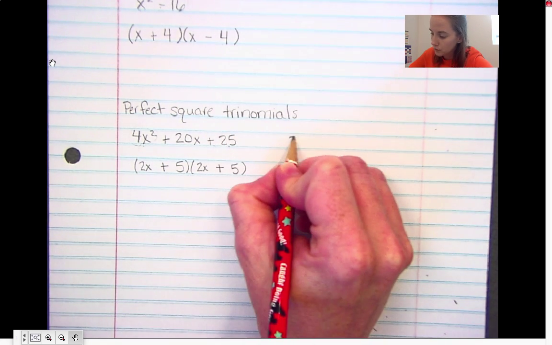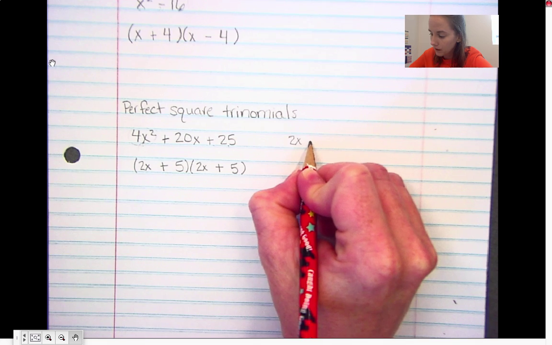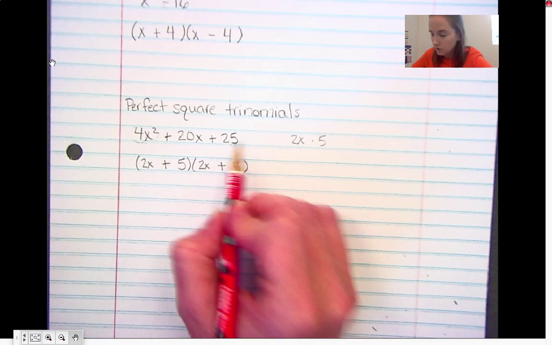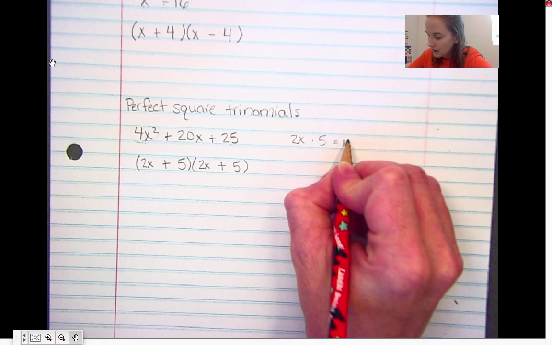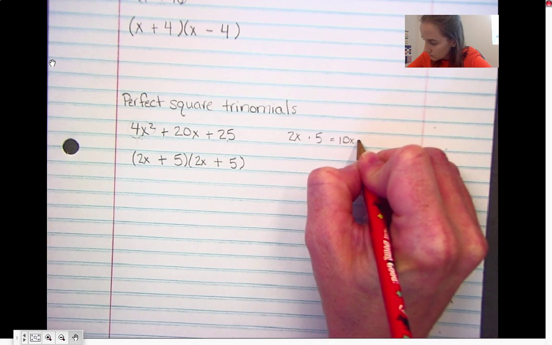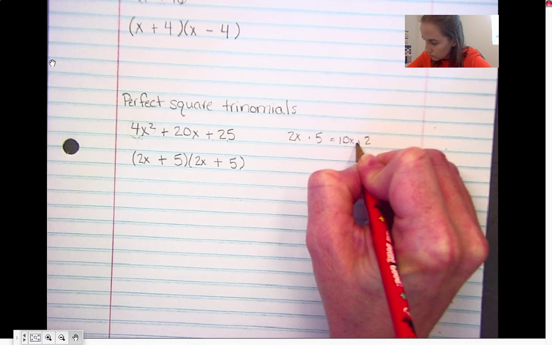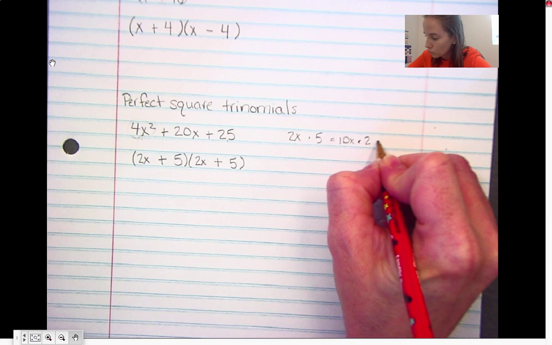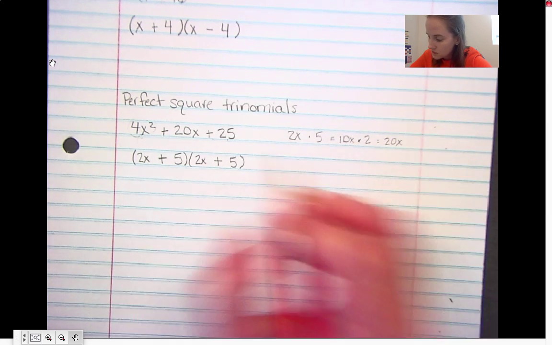So 2x times the 5 would give me 10x. And then if I doubled 10x, I would get 20x, which is the center term.